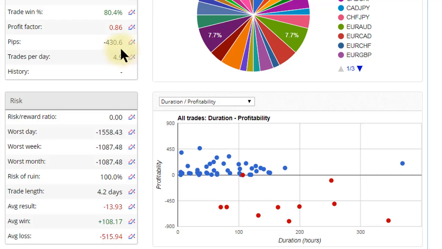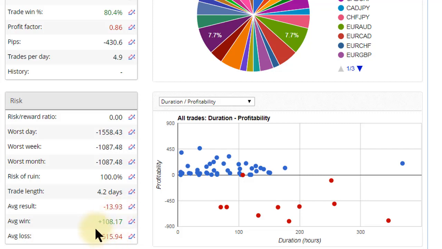But luckily, because I've got a high success rate, I am not losing all that much. I'm only losing $13 per trade. And if I could just make small changes, increase the average win by $10 and decrease the average loss by $20, I'll be making a lot of money.